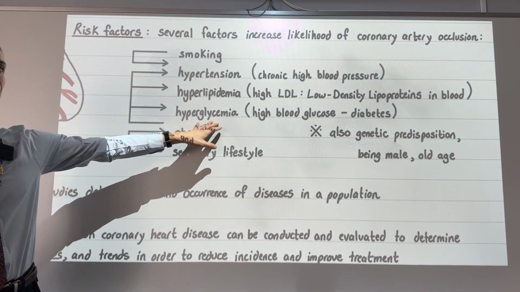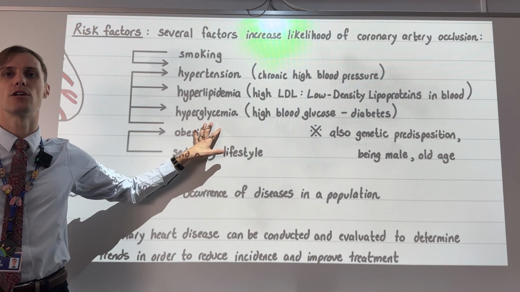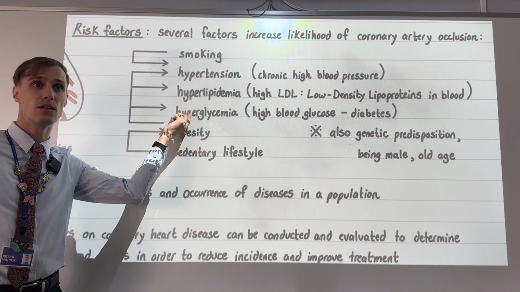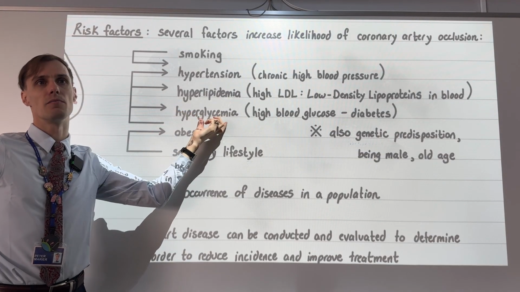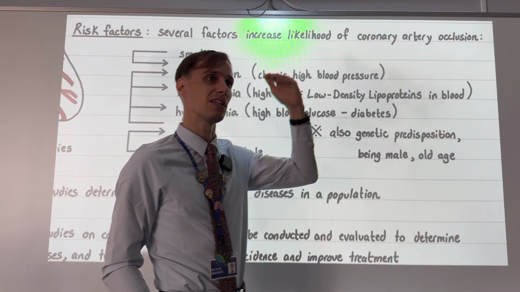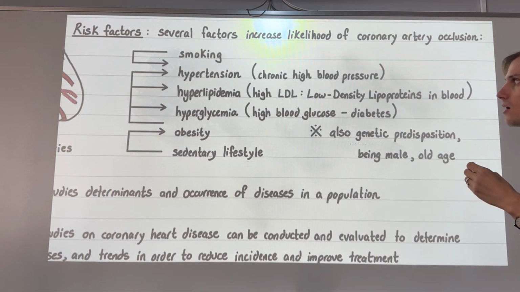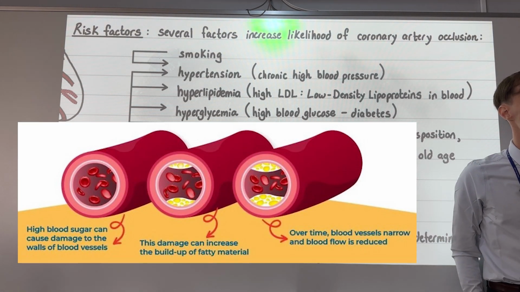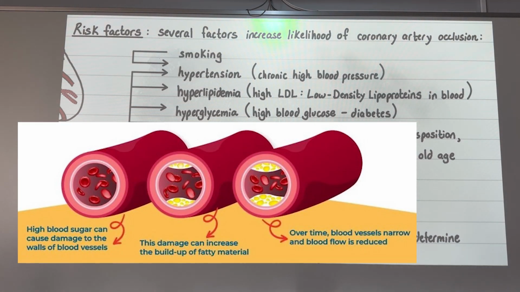Now, hyperglycemia, this is something that we'll discuss later when we do homeostasis, but hyper, again, means elevated, and glyce here means sugar. So hyperglycemia is when your sugar levels are significantly elevated. The most common reason for this would be someone who is diabetic. This also is a risk factor for coronary heart disease.